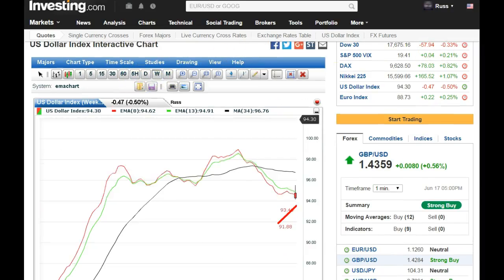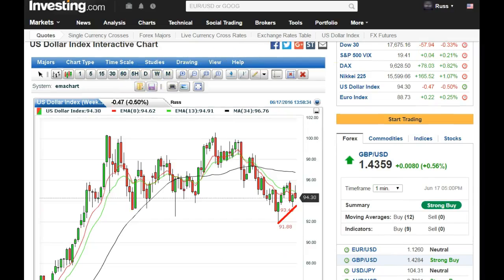chart. As far as the weekly goes, looks like it got knocked back pretty hard. We didn't reach the previous highs over here. It did tap it, but it has not been able to get above.